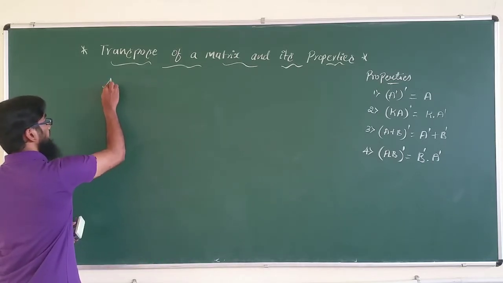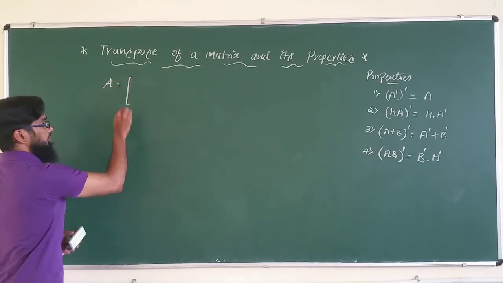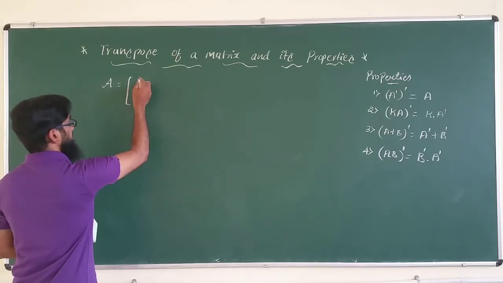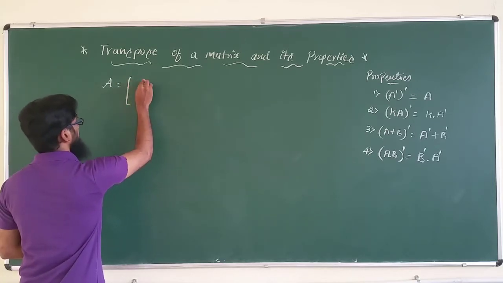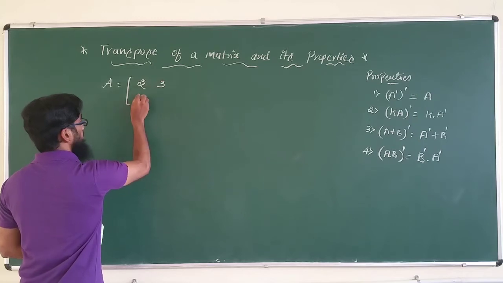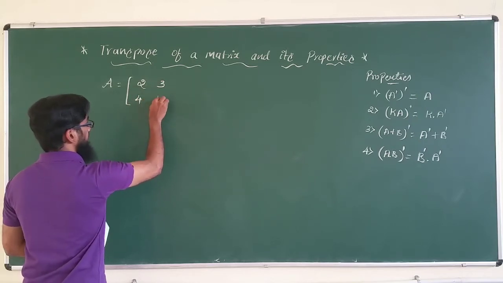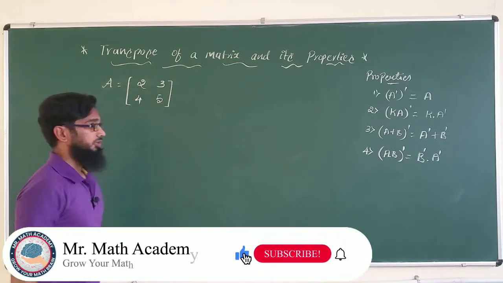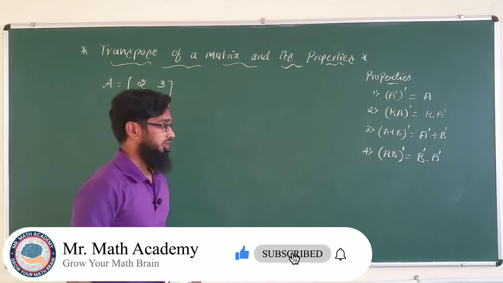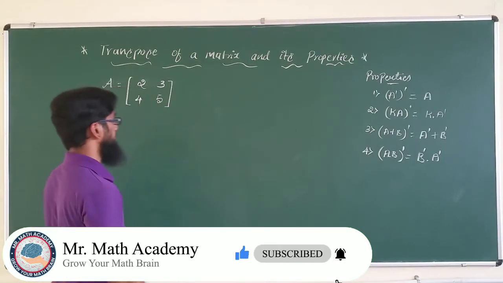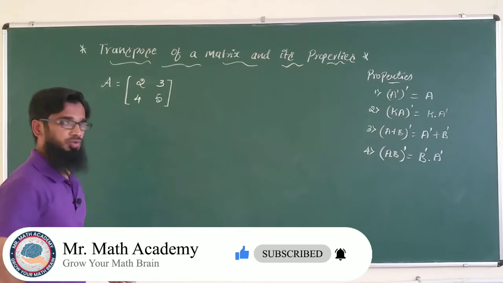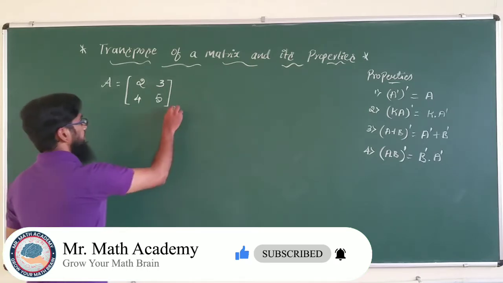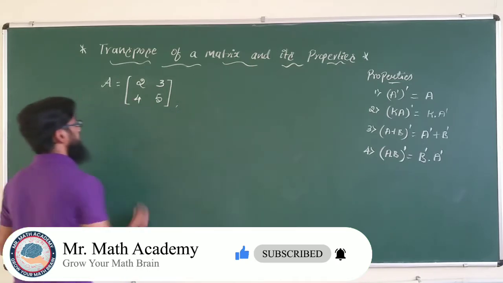Let us consider the matrix A is equal to some 2 cross 2 matrix, some 2, 3, 4, 5. So what do I have to prove here?